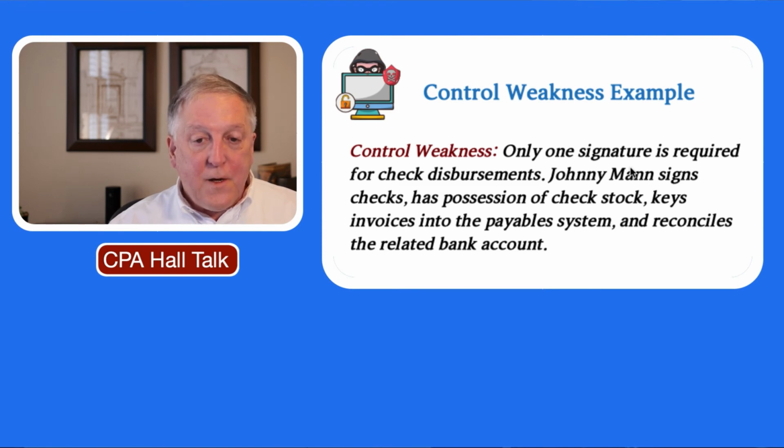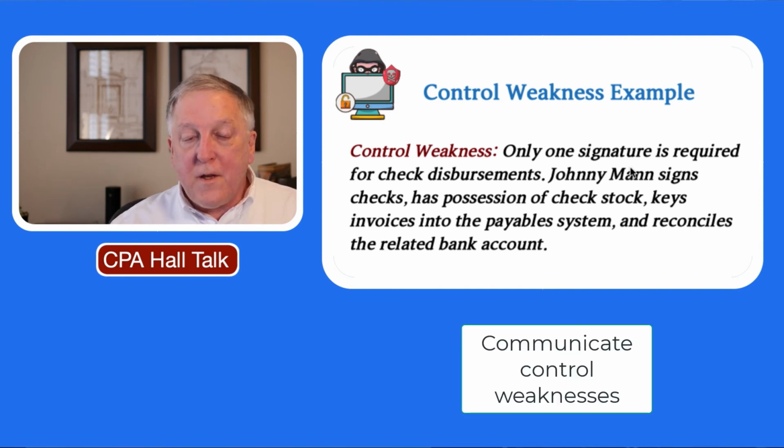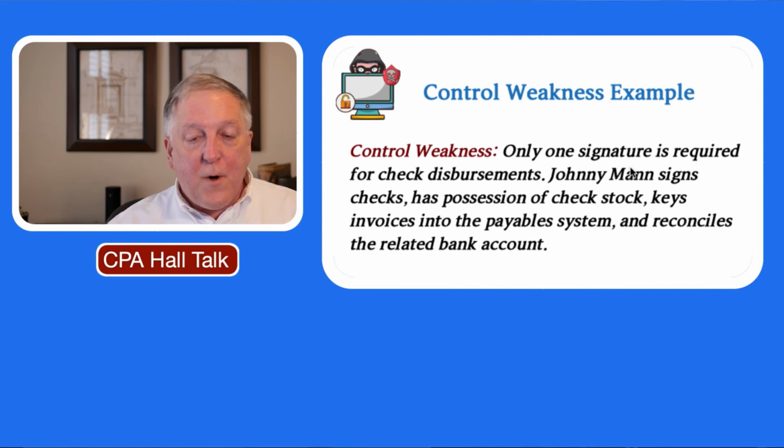Now, I do this to make it stand out because later on I need to communicate the internal control weaknesses where there's a significant deficiency or material weakness. I have to communicate those in writing. I can go back to my walkthroughs and I can see control weakness, and then I know I need to consider whether or not that is reportable in writing.